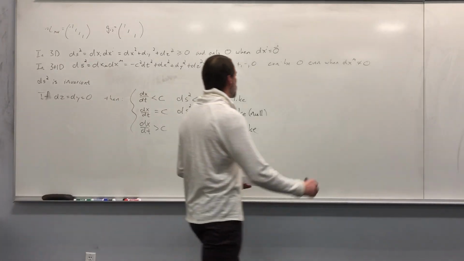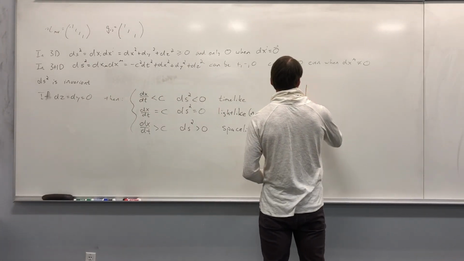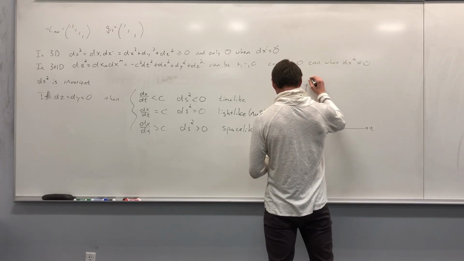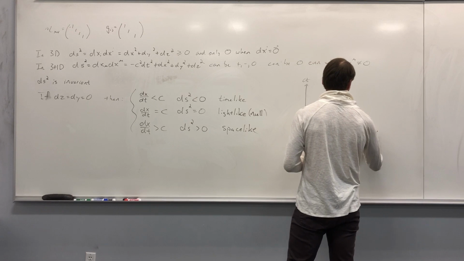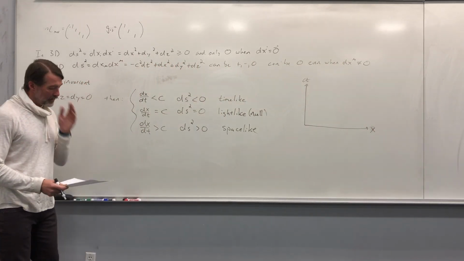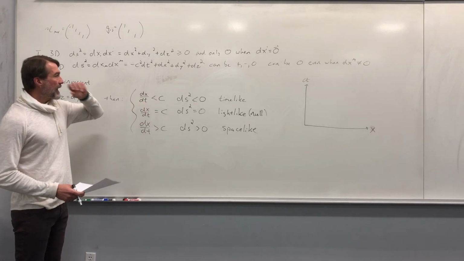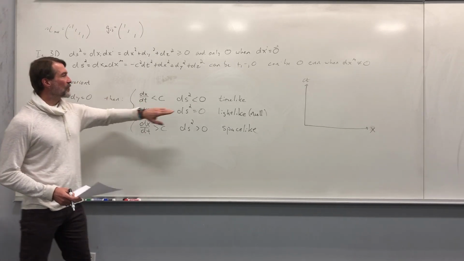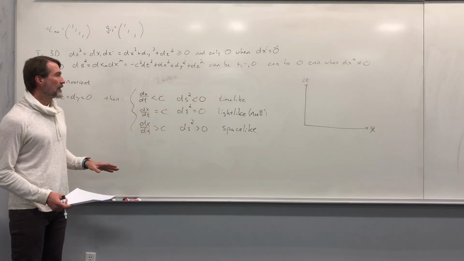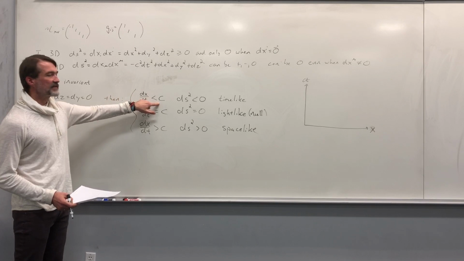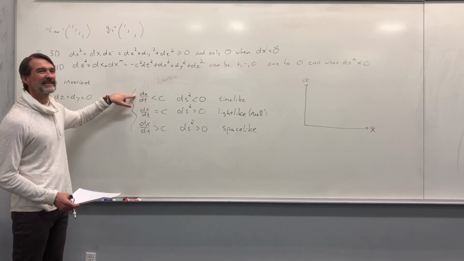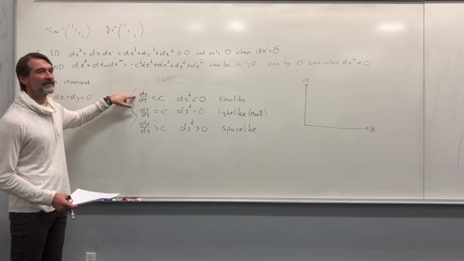So let me actually draw a picture to sort of explain what this means. Oh, whoops. This is my x-axis. Okay? So if I just want to consider two events which are separated in a time-like fashion, well, first of all, dx over dt has to be less than c. Well, let's take the simplest value of dx over dt. Let's take 0, because that's obviously less than c.